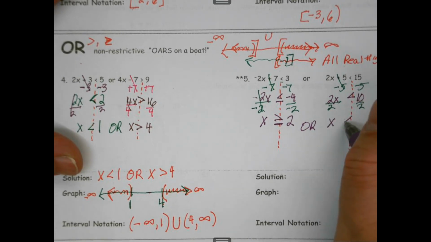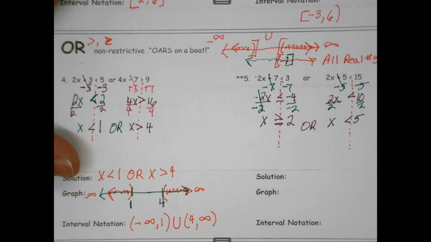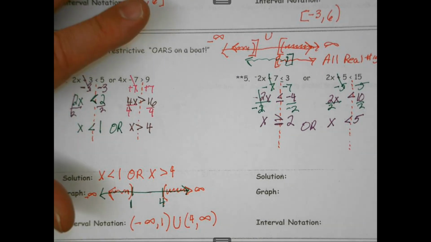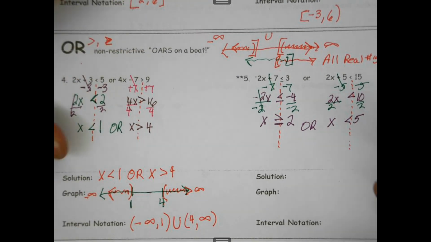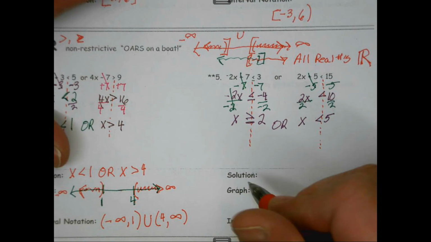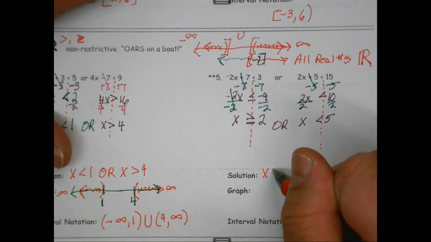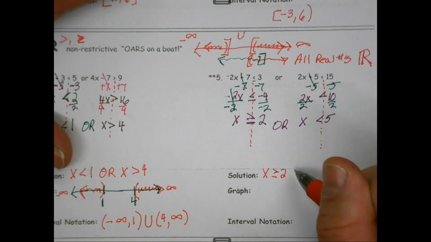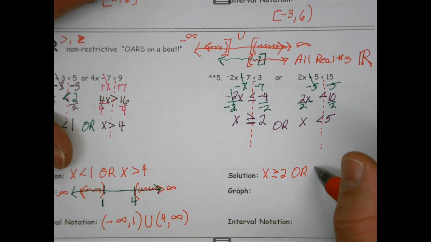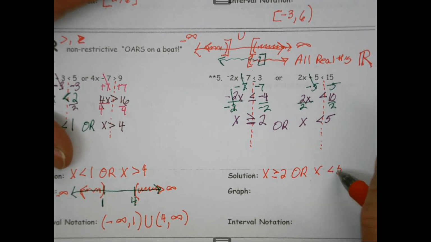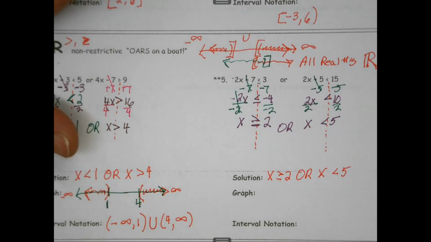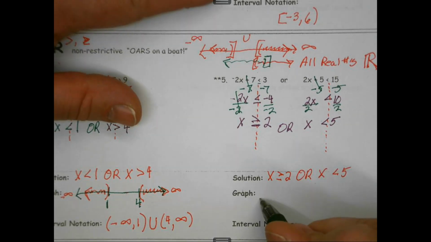My graph, let's see, I need 2 and I need 5. Okay, x is greater than or equal to 2. So actually, it's not going that way. It's going this way.